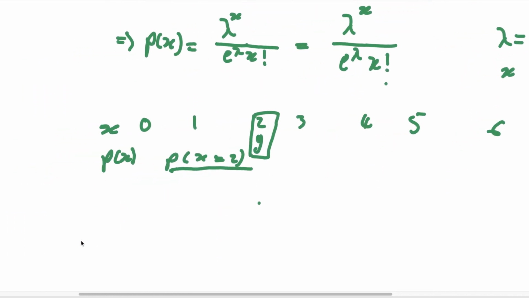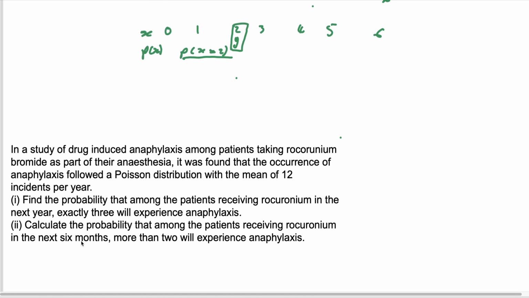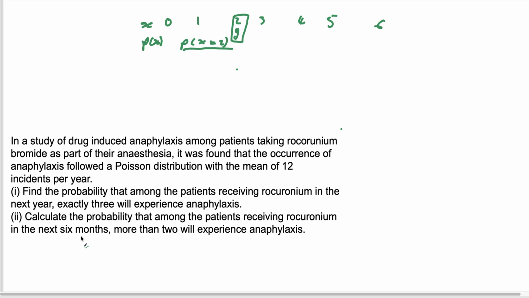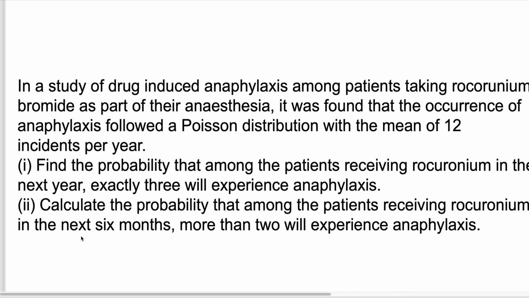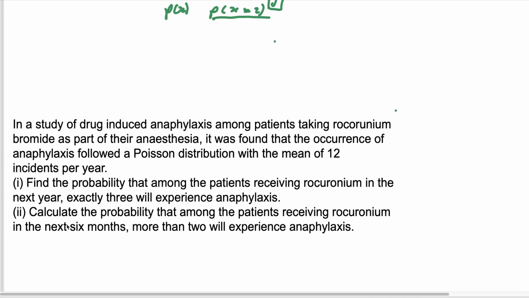Now let's look at the question involving Poisson distribution. This is the question from the study guide in statistics STSA 1624. On the study guide, it's labeled example 3.6.